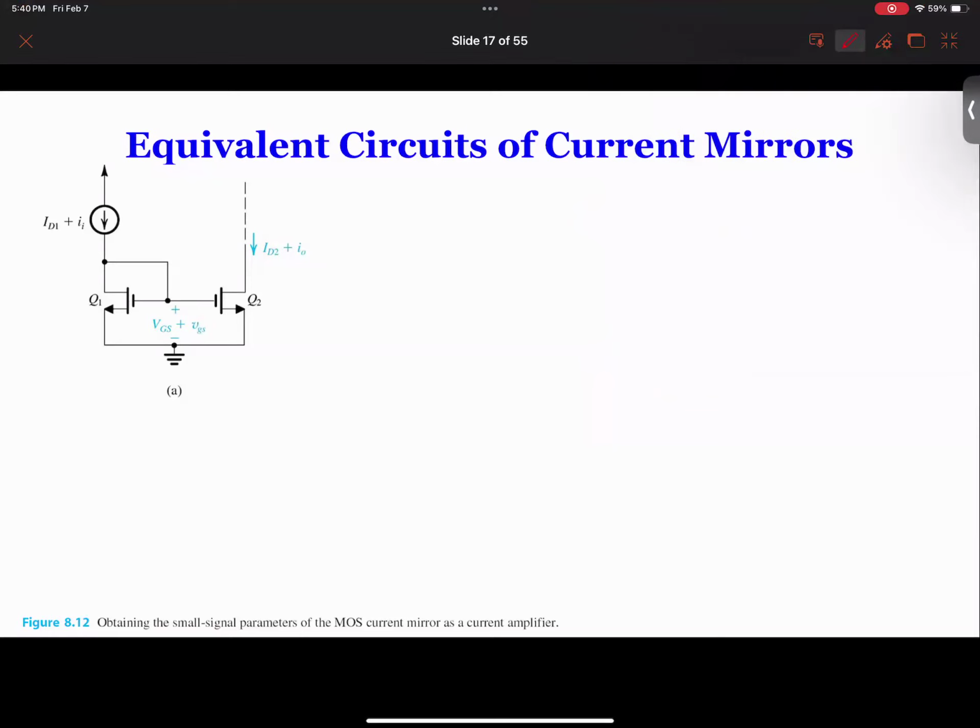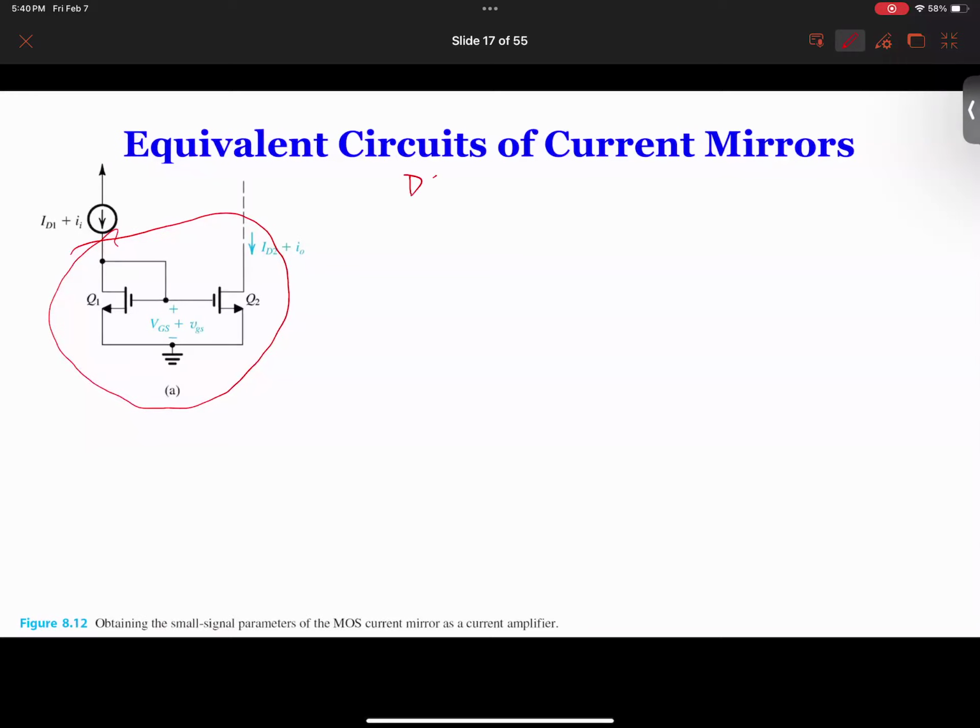So we're going to look at this part of the circuit, and in particular, we're going to look at the equivalent circuit. I don't know if you remember, in our very first lecture, we started talking about the large signal model, the DC model, equivalent circuit, and then we went on to talk about the small signal equivalent circuit for the MOSFET. Now we're going to talk about DC.